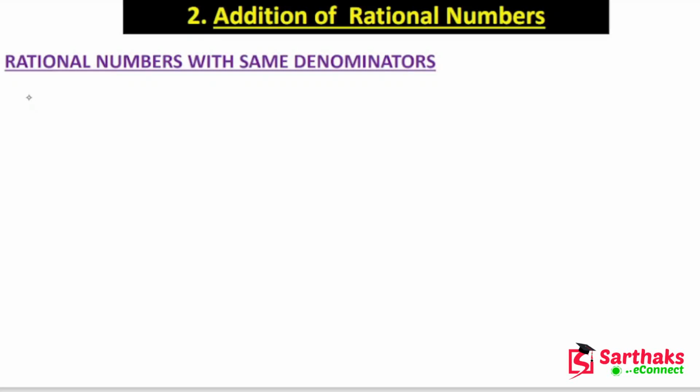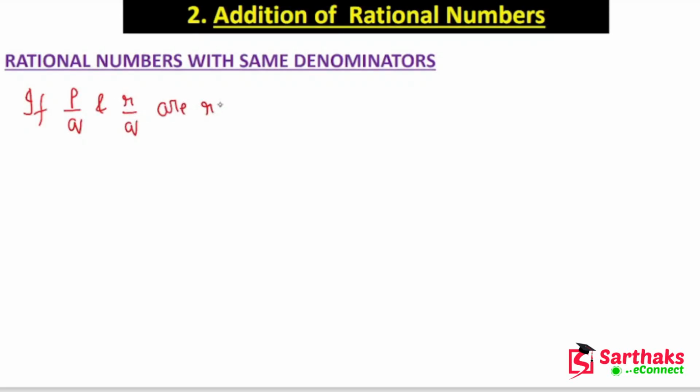For example, if P upon Q and R upon Q are rational numbers, then P upon Q plus R upon Q equals P plus R upon Q, right? So you can directly add the numerators when the denominators are the same.